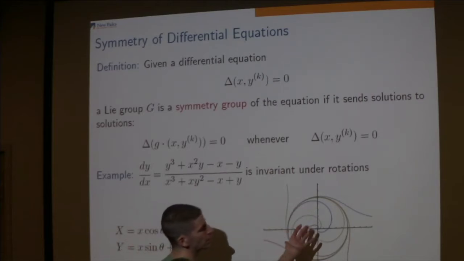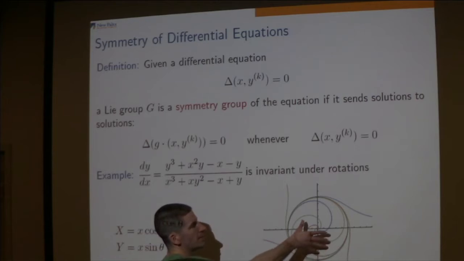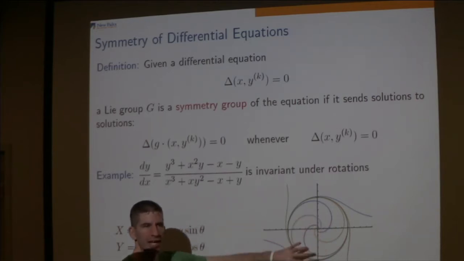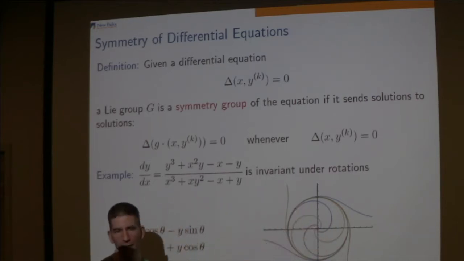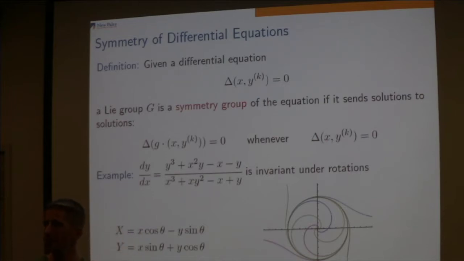If we start rotating the picture, it will send one curve onto the other. In other words, it will send one solution onto another solution. So there are other ODEs, at least, that will have solutions that are invariant under rotation. Does that answer the question? Yes, thank you.